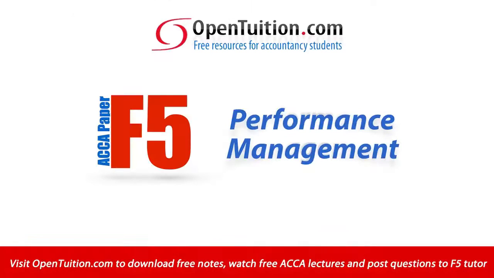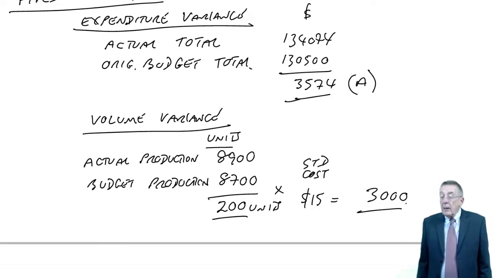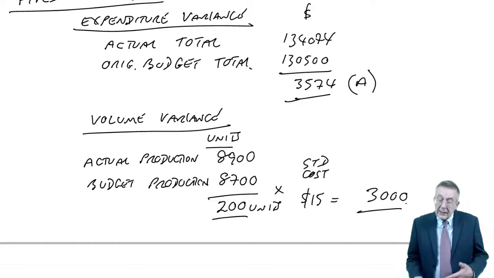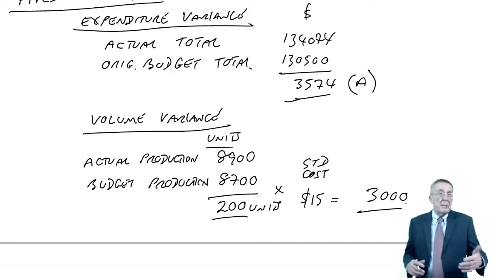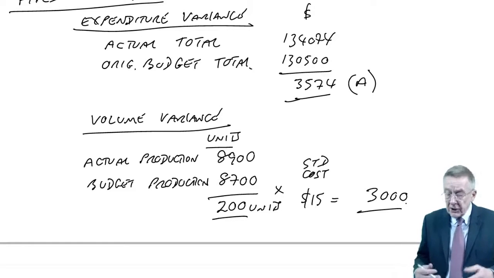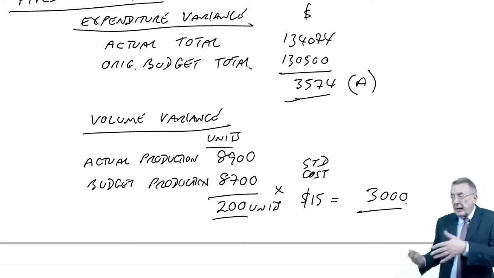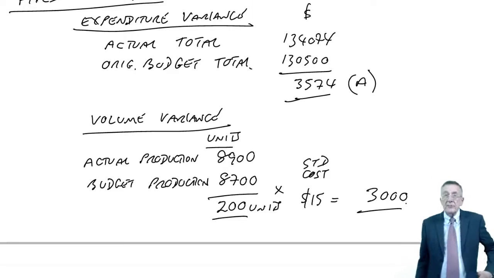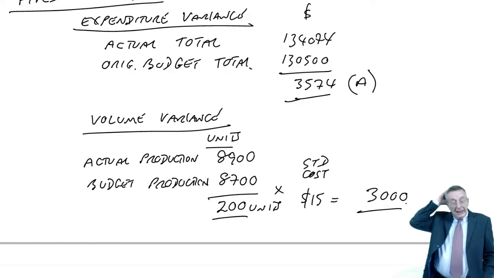Now, arithmetically, that's not hard. It's not hard to learn. But always, people get upset. Oh, is it favourable? Is it adverse? You see, all the others, we can make silly mistakes when you're rushing, but all the others are logical. You've either spent more, adverse, or you've spent less, favourable. This one's not quite as obvious. Is it favourable or adverse?